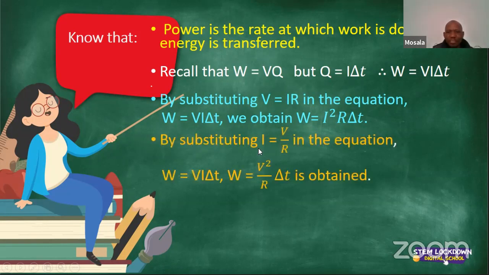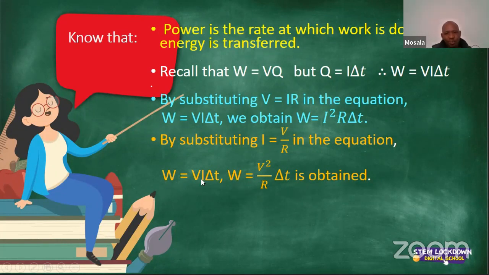Right, if you substitute I equals V over R in this equation, you will be obtaining this part here.